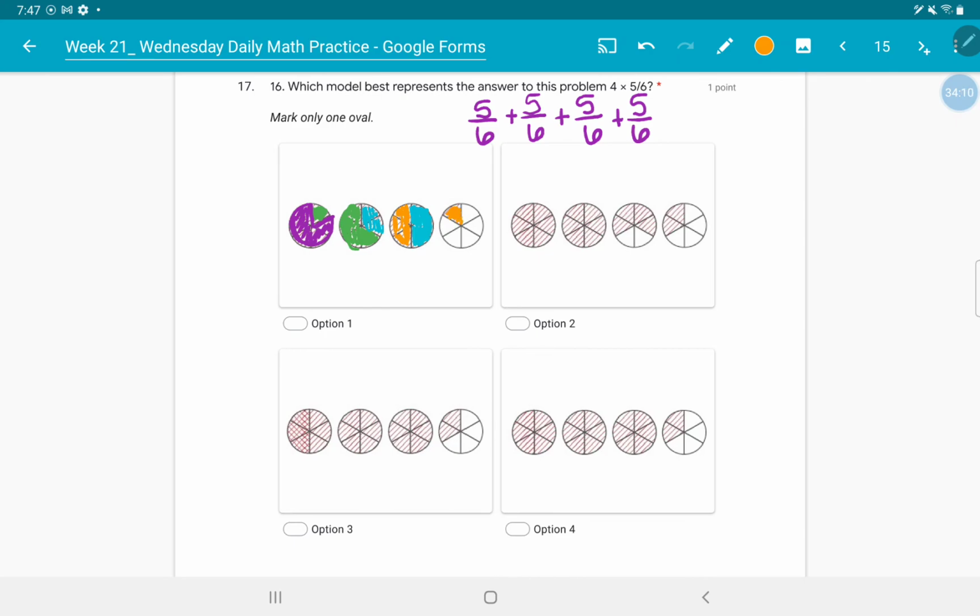So I need one more piece than that. If I look at option 4, that shows the same amount shaded as I had in option 1, except that it adds one more piece, which is what I needed to get from the 4/6 that I had to another group of 5/6. So option 4 is your correct answer.